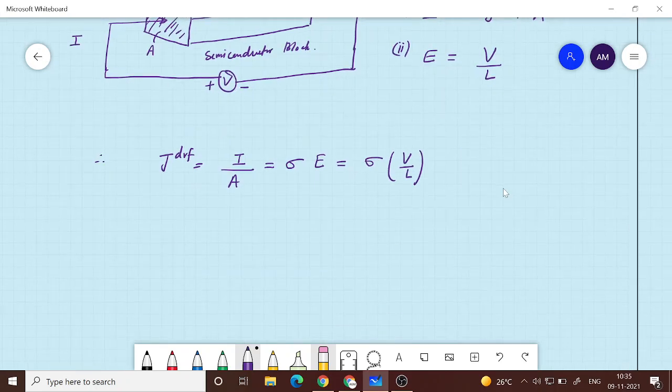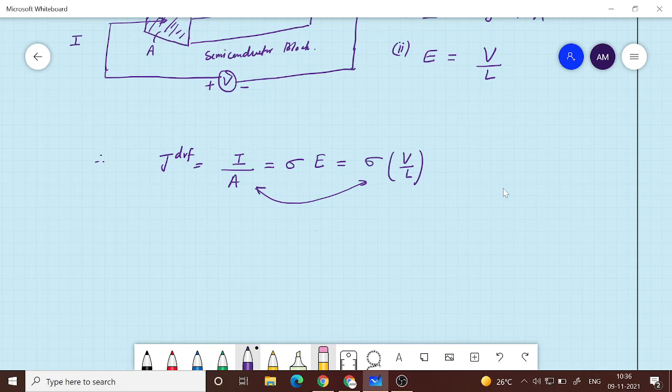Okay, so therefore what is V? V is basically L by A. So what we will do is equate these two.